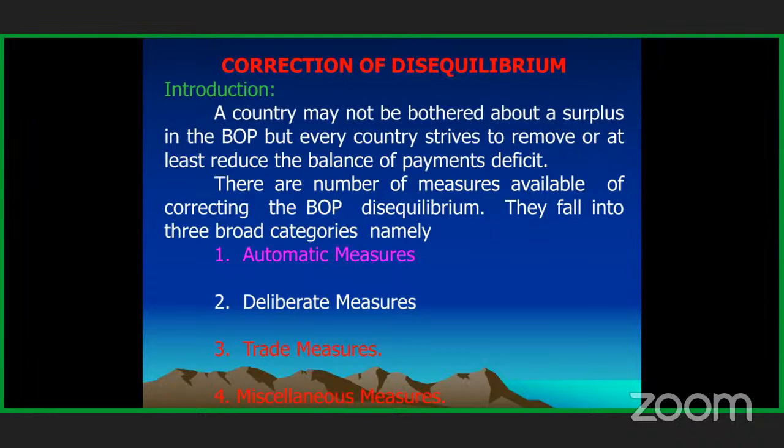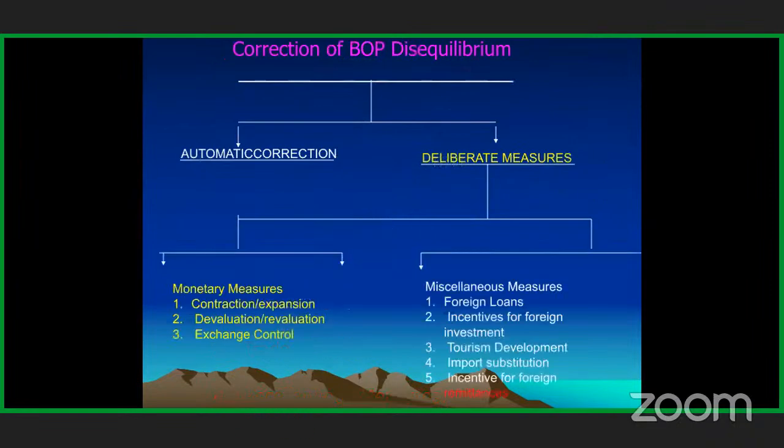For example, monetary measures are monetary contraction, devaluation, exchange depreciation, and exchange control. Under monetary measures, contraction or expansion, devaluation and revaluation of rupee, and exchange control or exchange depreciation.